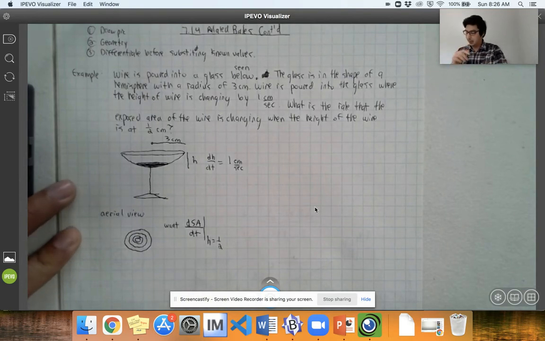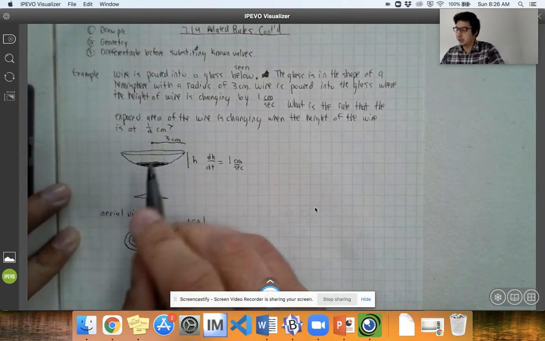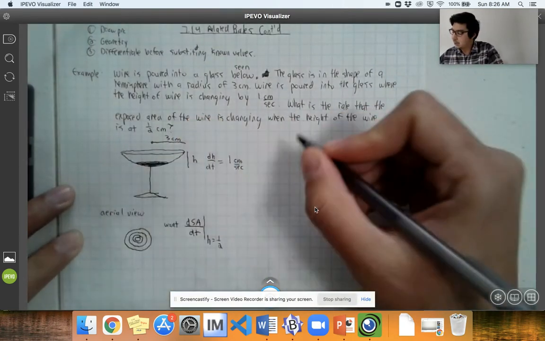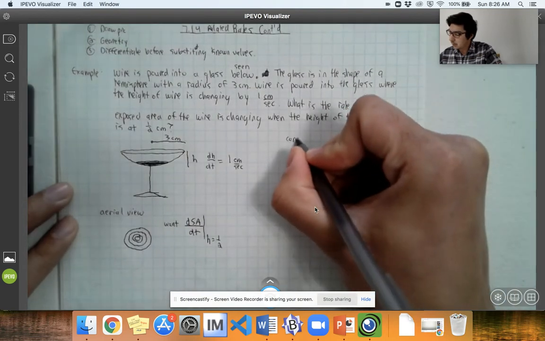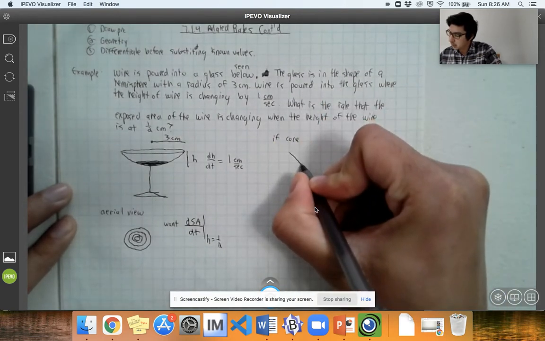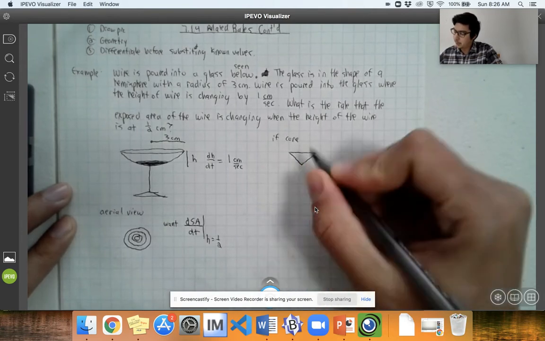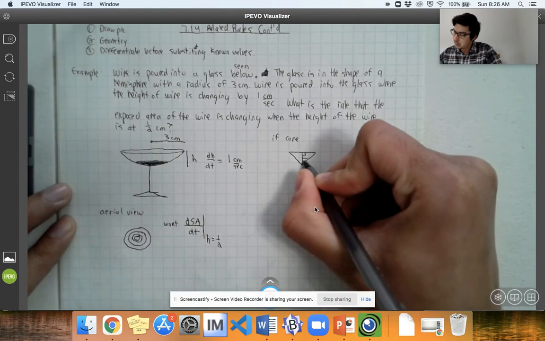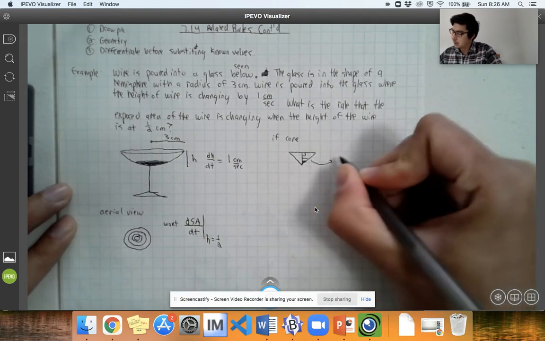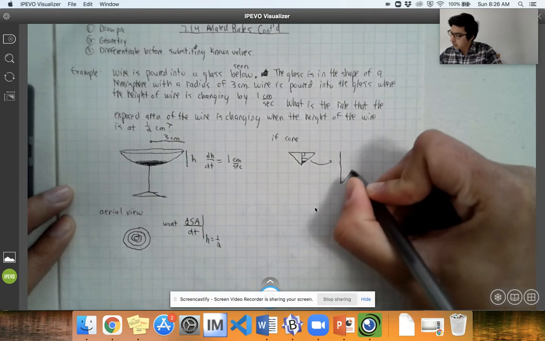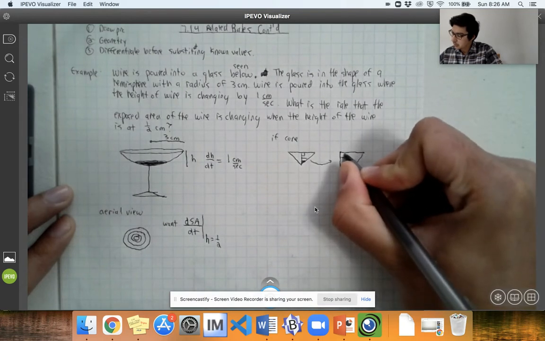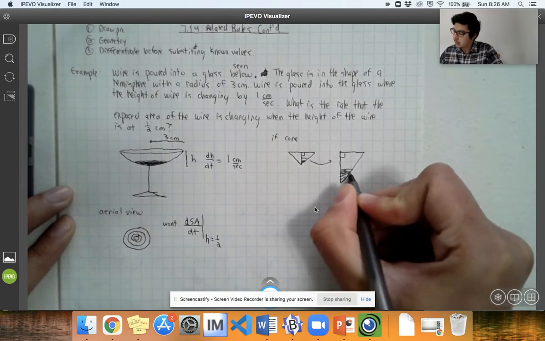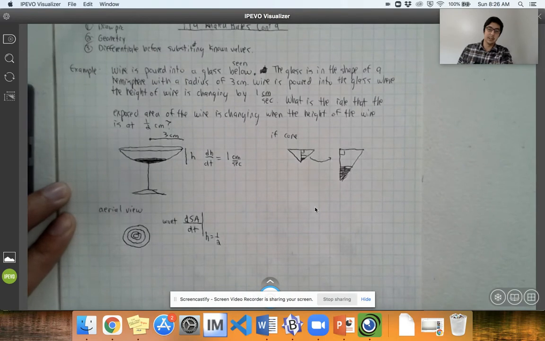Okay. Now, what's the geometry here? So we drew our picture. What's the geometry? Now, in the last problem, if you saw the last video, we had a cone. And in the cone, if it were a cone, like so, what we're able to do is see similar triangles right here, where if I pull this picture out, because maybe I'm a little too small here, we had similar triangles, where this was the liquid down here, and then we could set up a proportion to relate the radius and the height.